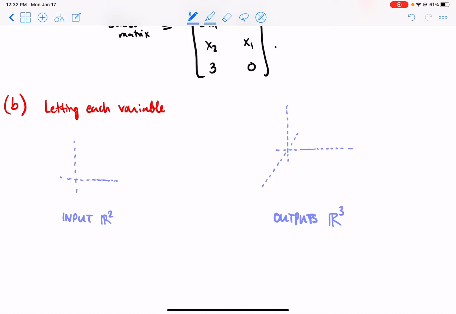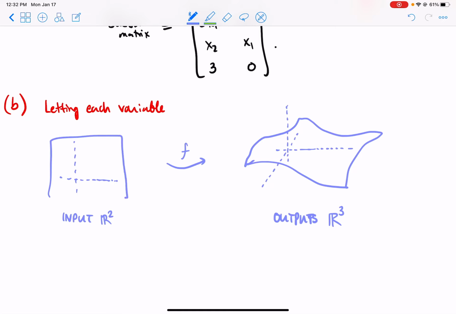Okay, and then F maps inputs to outputs in some way, potentially giving some surface in R3. Like this whole rectangle might become this curvy surface, okay? And what we're going to see is that horizontal lines will become curves, vertical lines will also become curves, and they will be curves on that surface, okay?